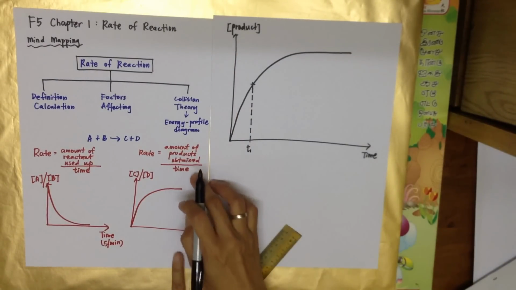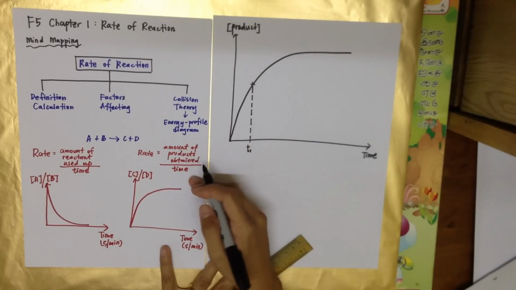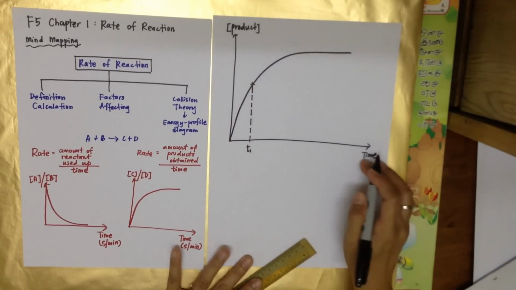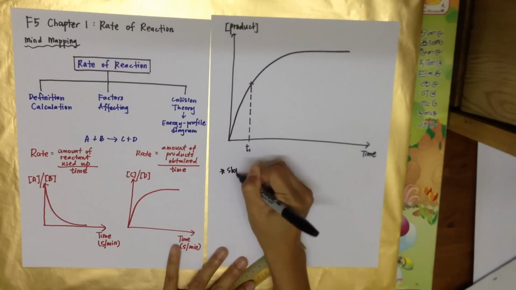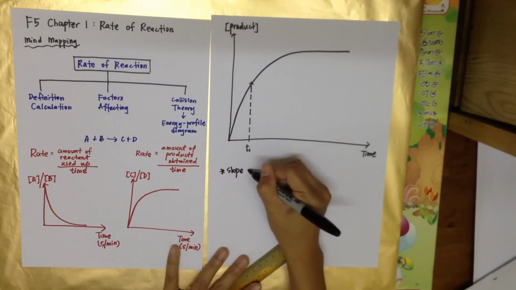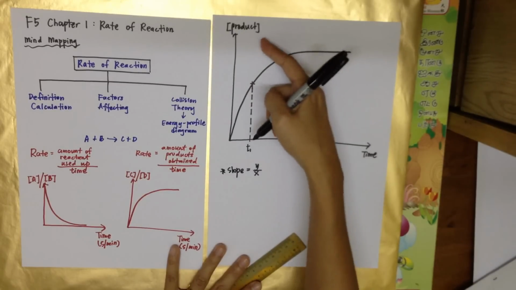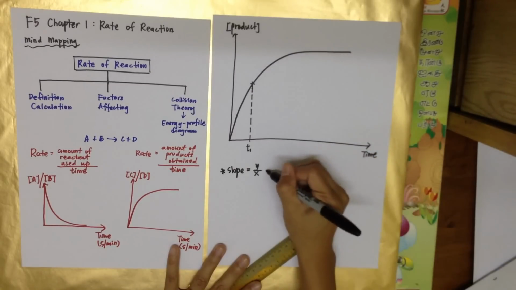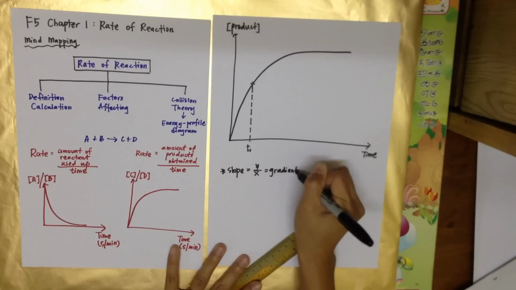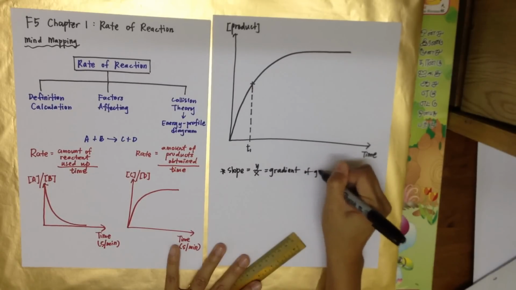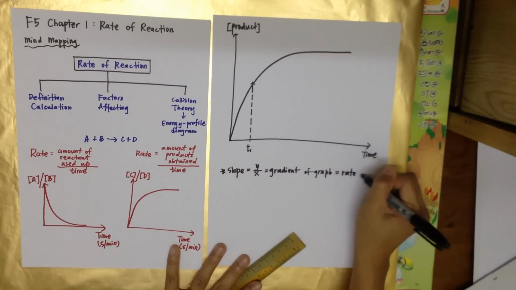According to the formula of rate of reaction, rate equals the amount of product obtained over time, and this is product over time. That means the slope, which equals y over x, equals the concentration of product over time, which equals the gradient of the graph, equals the rate of reaction.